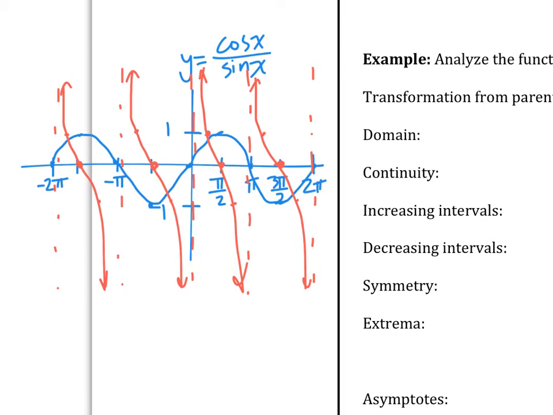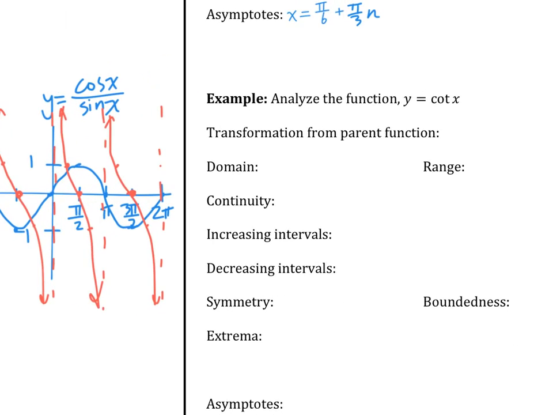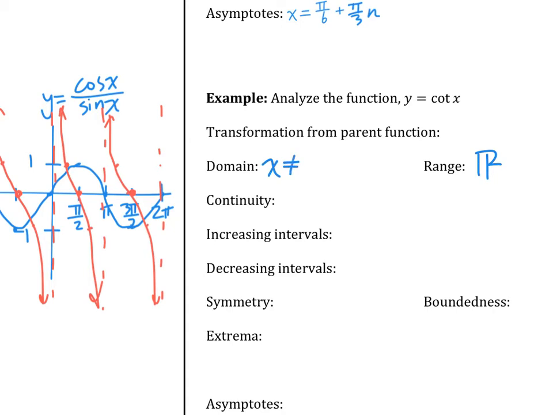Okay, let's start with the easy one, range. All real numbers. You guys ready for domain? Okay. Also, we have X is not equal to where all the asymptotes are.